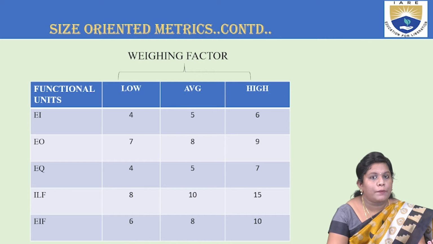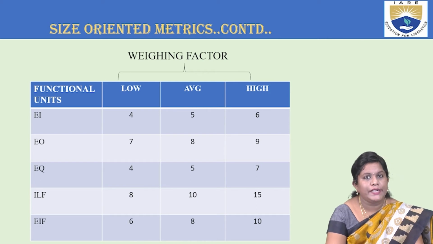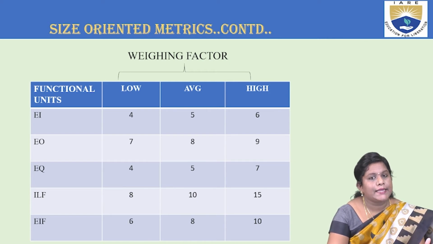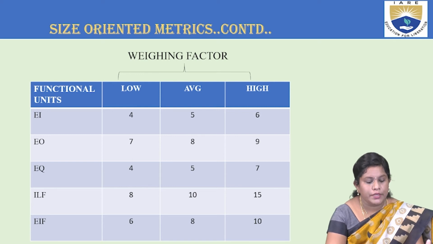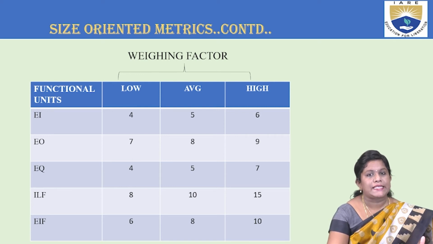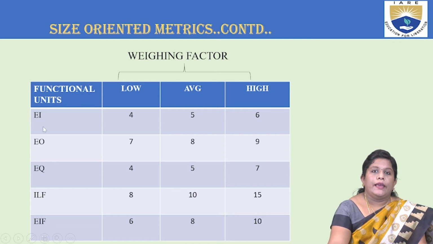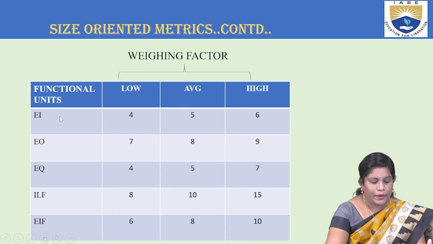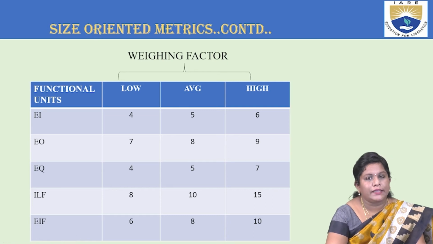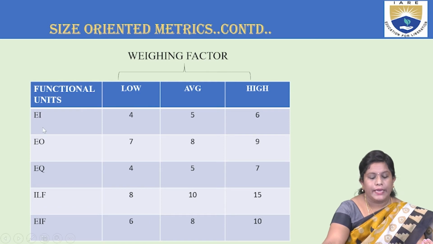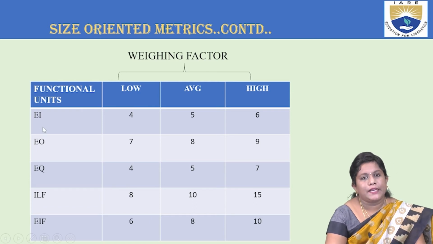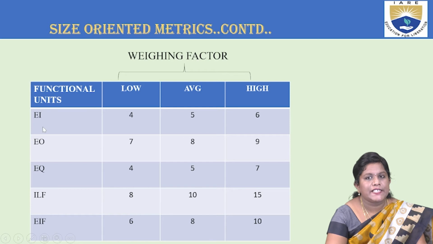And when you talk about the functional units, as we have already discussed, they are EI, that stands for external input, EO, that stands for external output, and EQ, that stands for external enquiry. And you have ILF, that is nothing but internal logical files, and at the end you have EIF, that is external interface files.